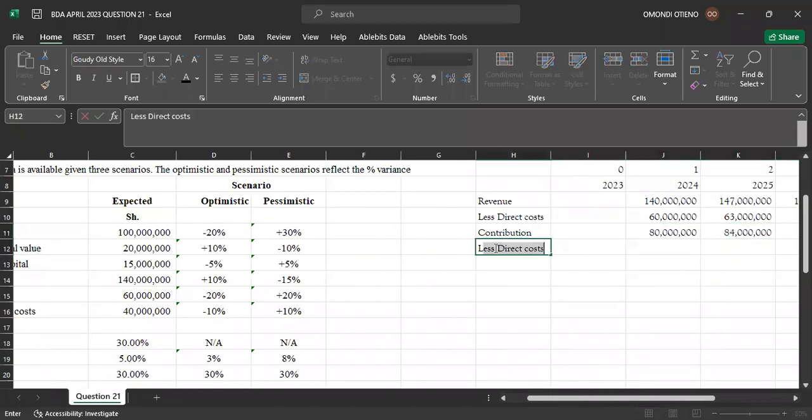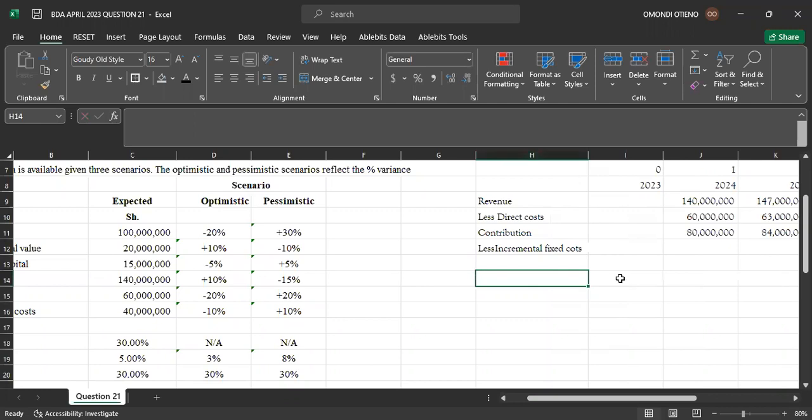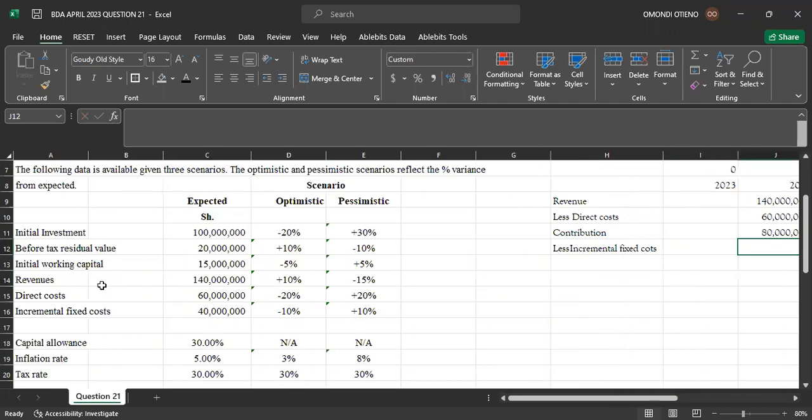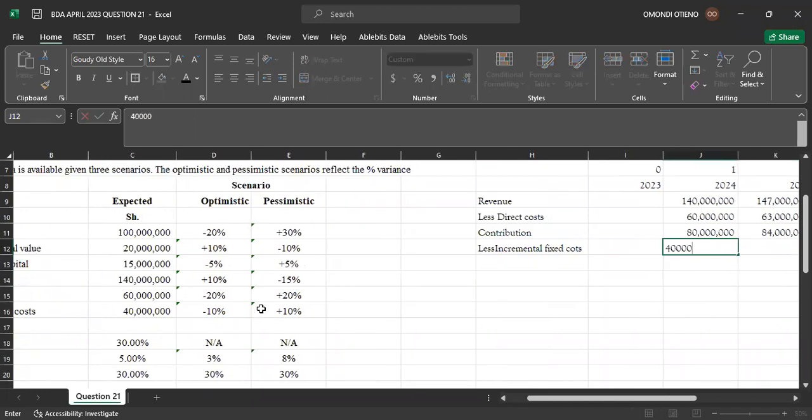Then we are going to less incremental fixed costs. The incremental fixed cost given to us here is 40 million.